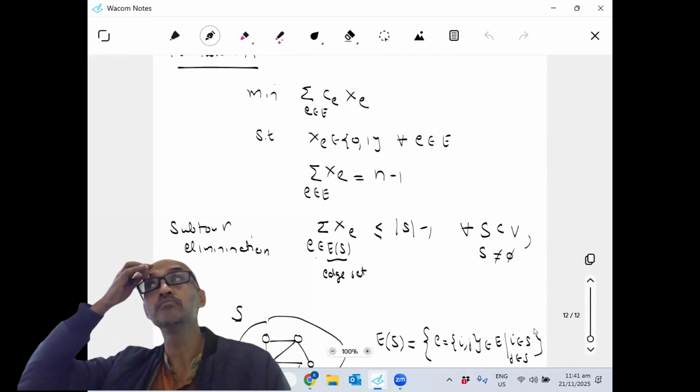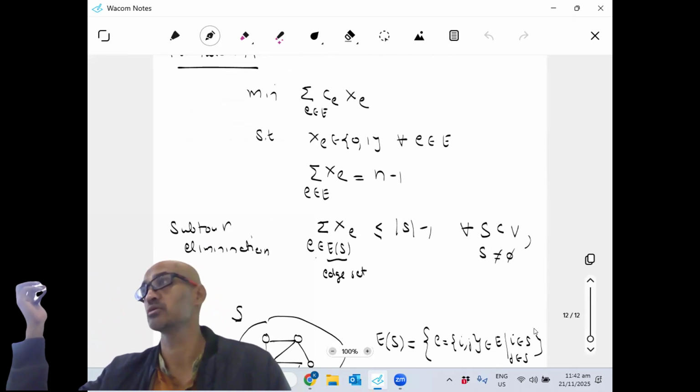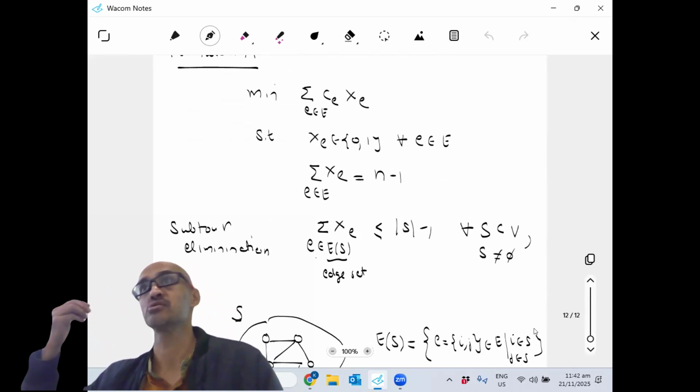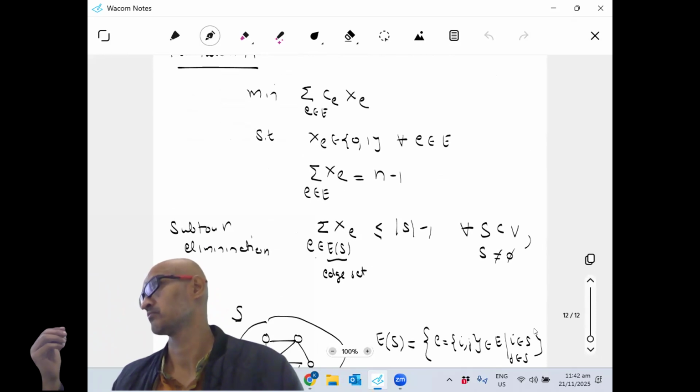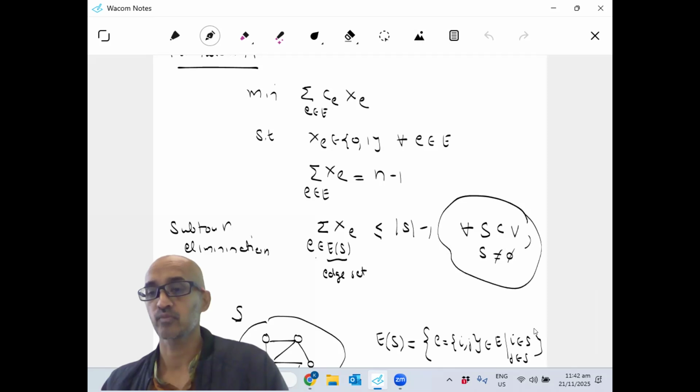Is the formulation clear? The challenge in this formulation is what? If you just look at this formulation, what is a computational challenge? Number of subtours, the number of constraints, exponentially large.